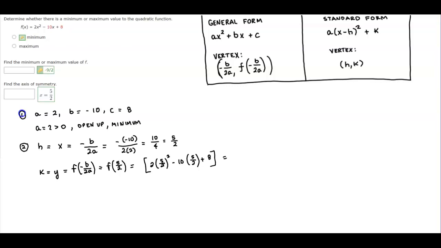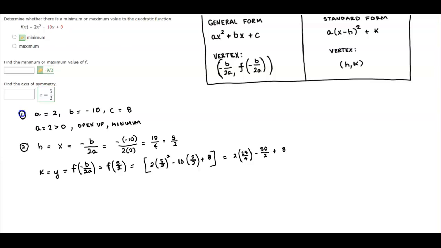Okay, so we get 2 times 25 over 4 minus 10 times 5, which is 50 over 2, plus 8.